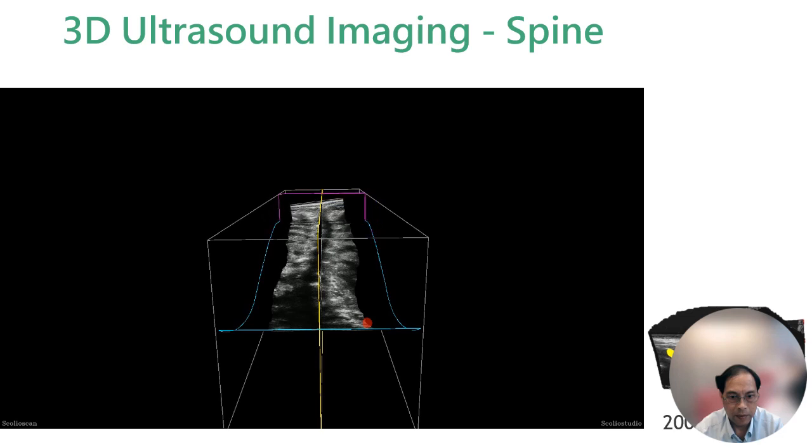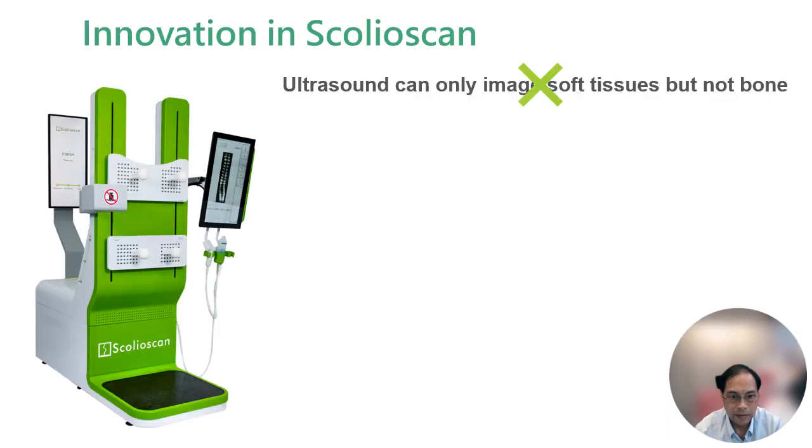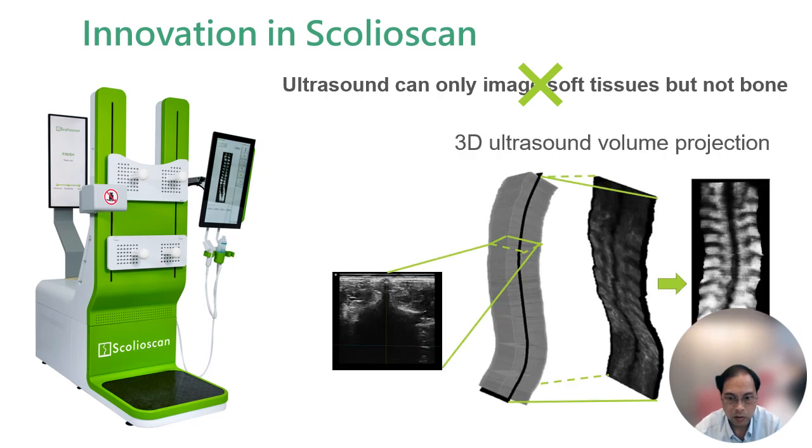With that, our team has developed a method that can provide the image of the spine, the bony structures. This is in some way a breakthrough because ultrasound is normally, as we showed earlier, used for viewing soft tissues. But in this device, we use ultrasound to view the bony structures.